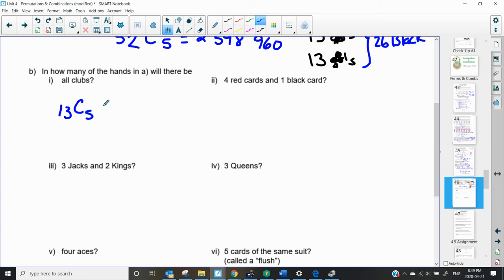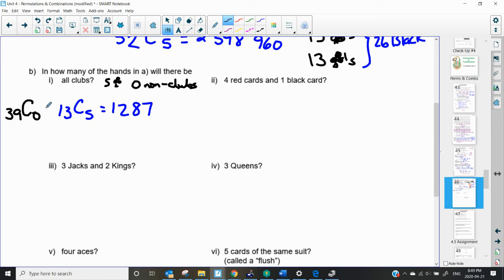I can go 13 choose 5 equals 1,287. But if you want to use that option of totaling things up, if I have 13 clubs, that means I want 5 clubs and I want 0 non-clubs. So the way that I would write that out would be 39 cards, because if 13 of them are clubs, that means 39 of them are something else.